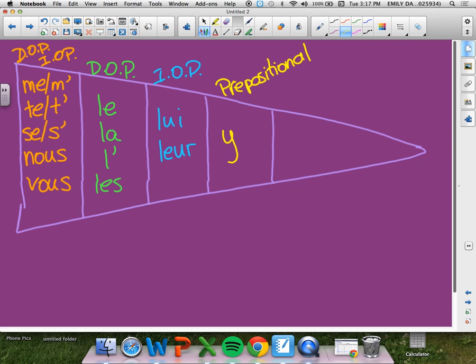Okay? And I say it's a prepositional pronoun because you can look for the preposition à, you can look for the preposition dans, you can look for the preposition en, you can look for the preposition sur, or you can look for the preposition chez.